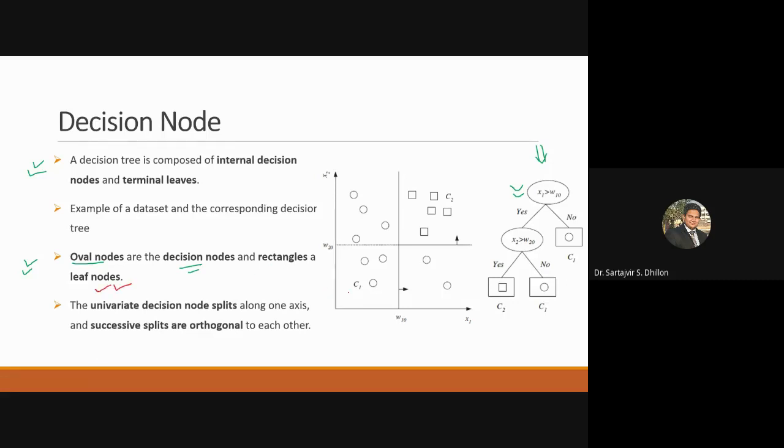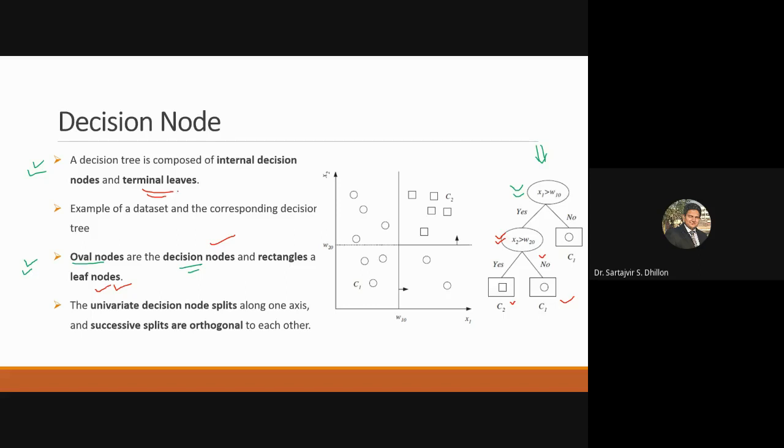You have to remember that the decision nodes are where we do some programming part, or where we can take the decision, and the rectangle nodes represent the leaf nodes. This is the actual outcome of the expression, and the expression is represented by the decision nodes. So hopefully now you are clear with these terms.